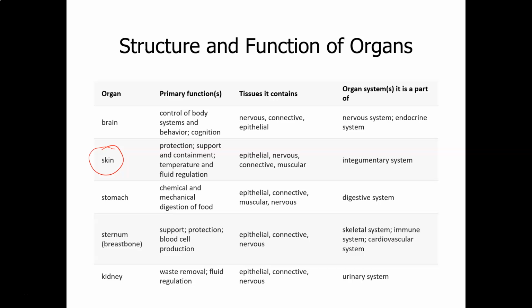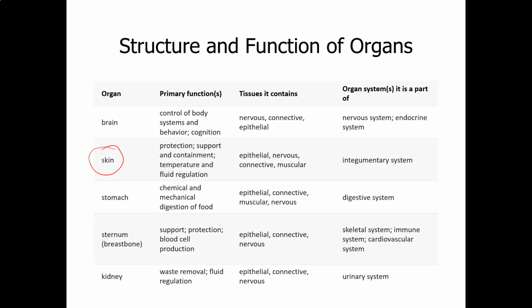So the primary functions of the skin, first and foremost, would be protection and support and containment, keeping everything that's supposed to be inside your body inside. And then temperature regulation and fluid regulation through sweating and other things.